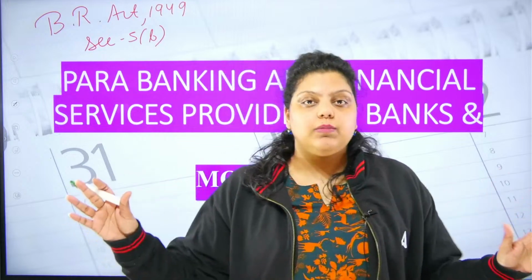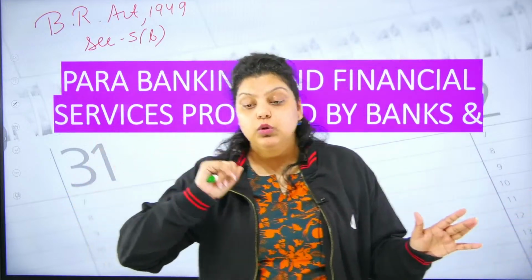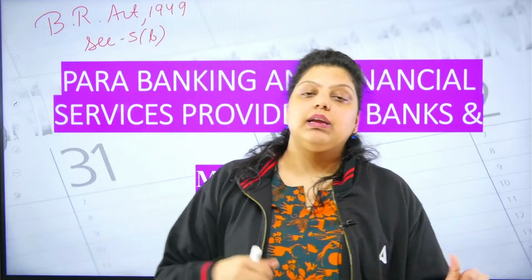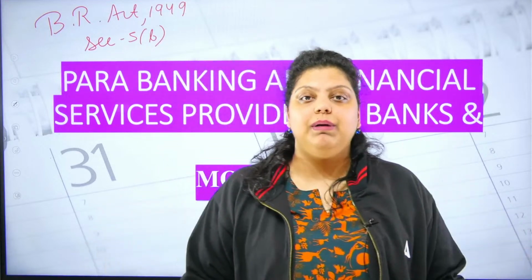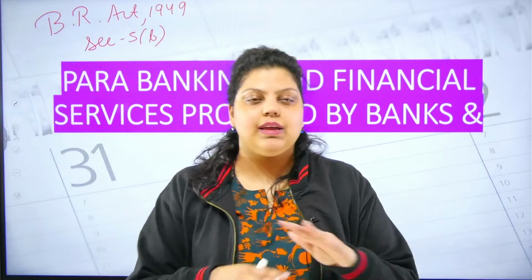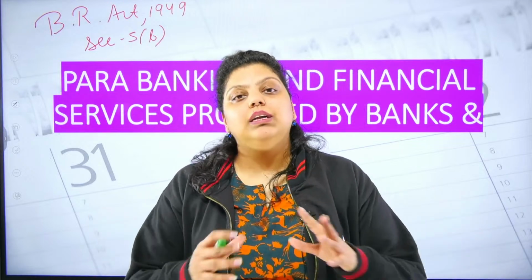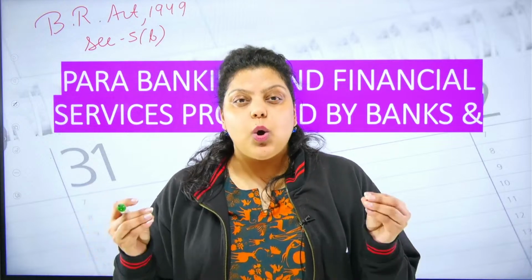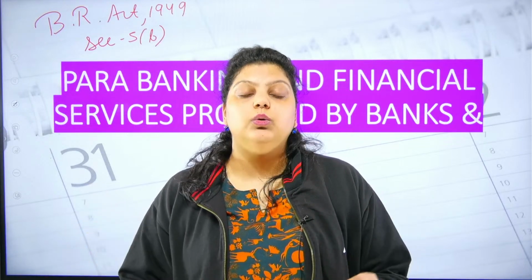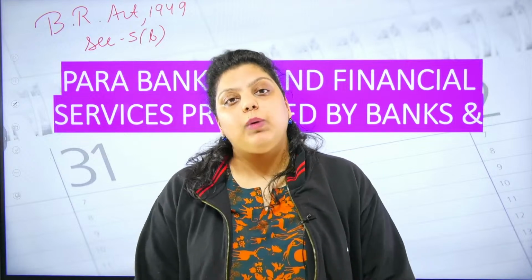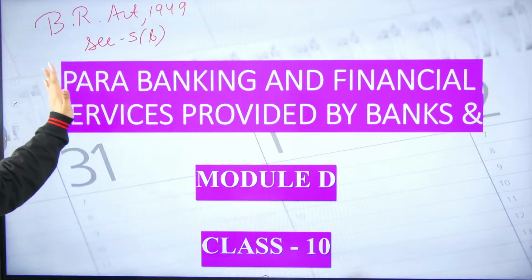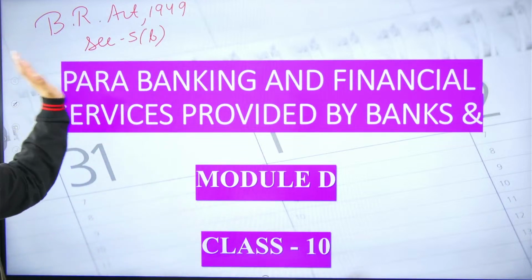We have a lot of types of banking: para banking, universal banking, virtual banking, door-to-door banking, relationship banking, Islamic banking, shadow banking, narrow banking, etc. All these types of banking are defined on the basis of the services that the bank provides to the customer. That's what we are talking about in case of para banking or any other type of banking.